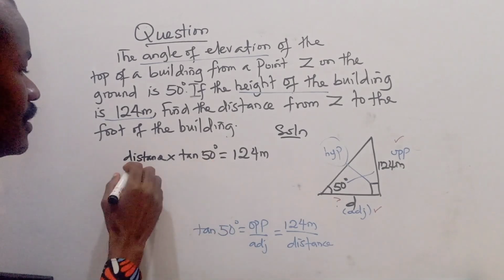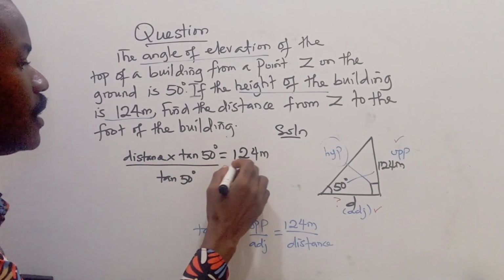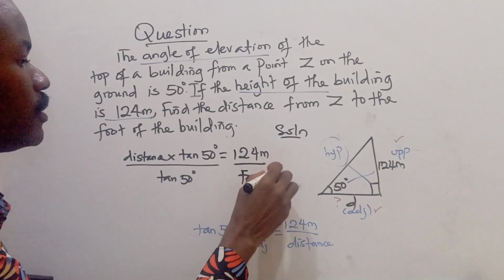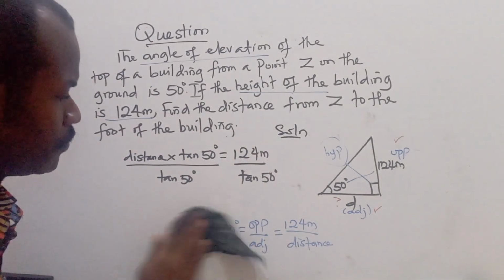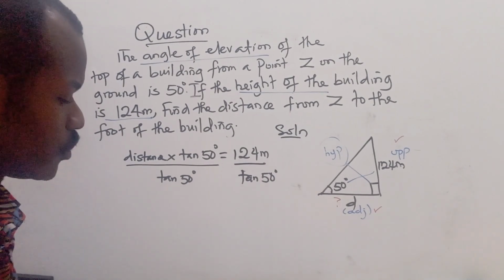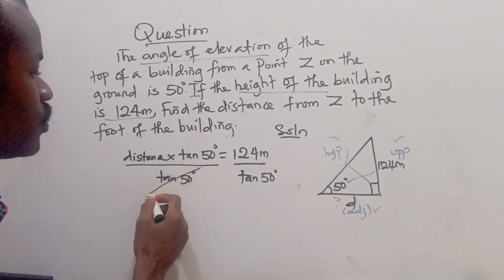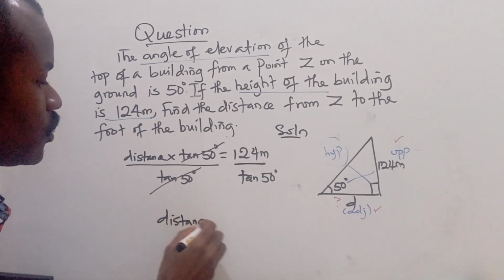How do I find my distance? I'm going to divide both sides by tan 50 degrees. If we divide both sides by tan 50 degrees, we can solve for the distance we're looking for. So this will cancel out this, and we're left with the distance that the question is asking us to find.